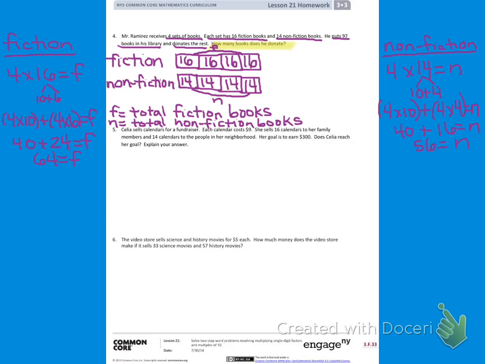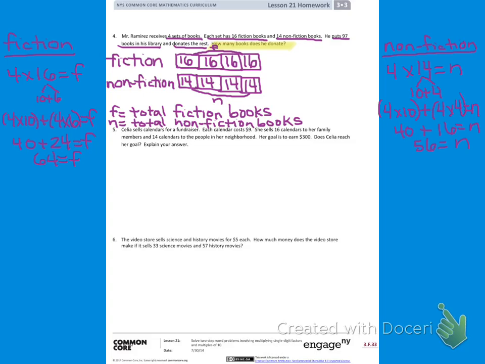Now we know that Mr. Ramirez received 64 fiction books and 56 nonfiction books. The question is, how many books does he donate? Well, in order to figure that out, I need to figure out how many books in all he received.